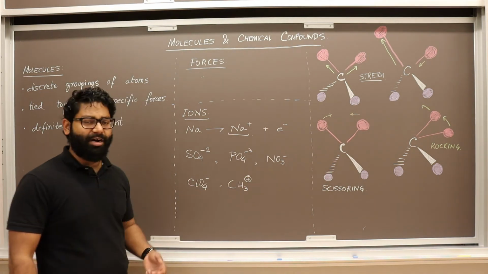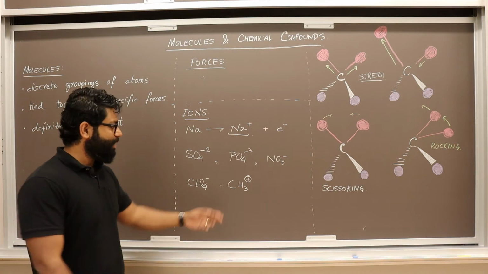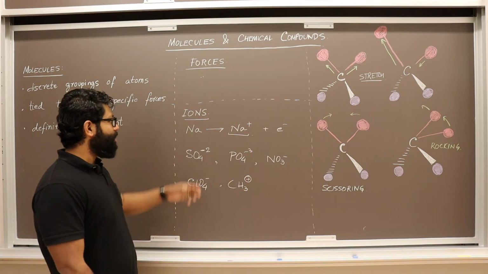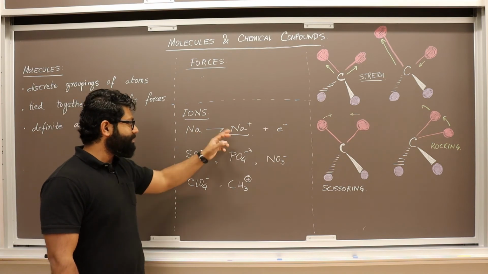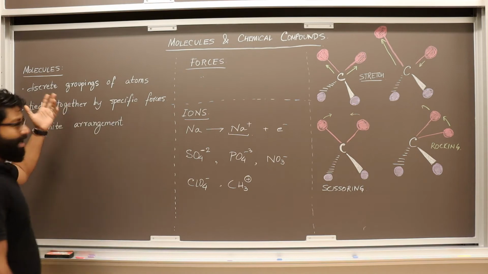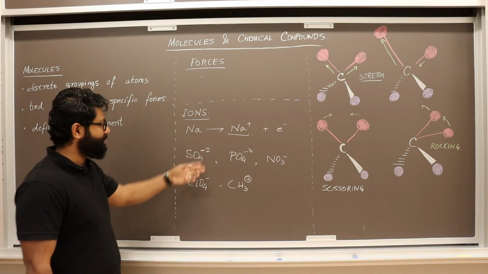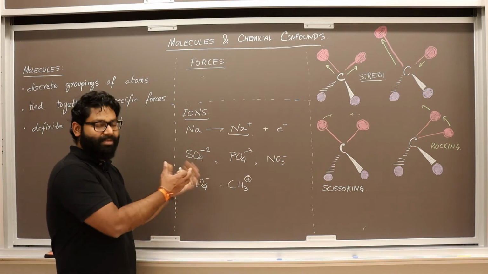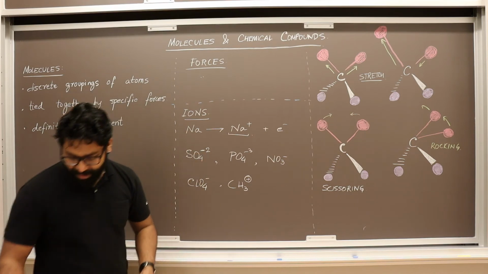The plus charge is on the carbon. You can also have a negative one, which becomes a carbanion. So not only can elements gain charge, groups of atoms called molecules can also get charged, and we'll also call them ions. This is not a molecule, so this will be an ion.